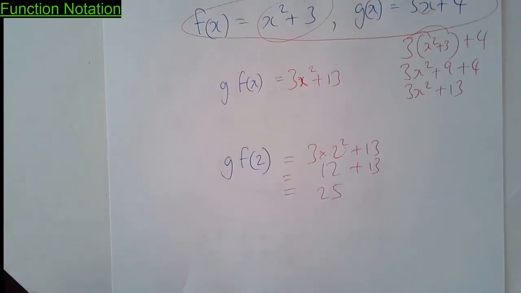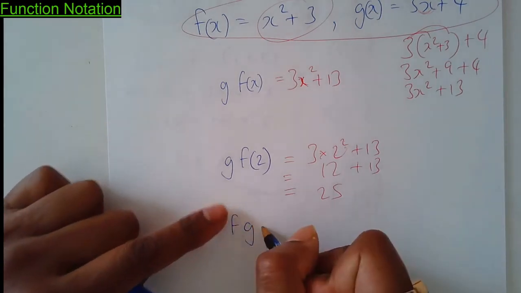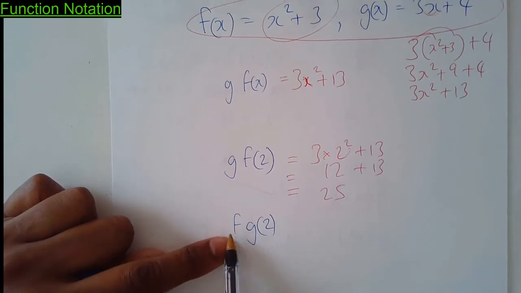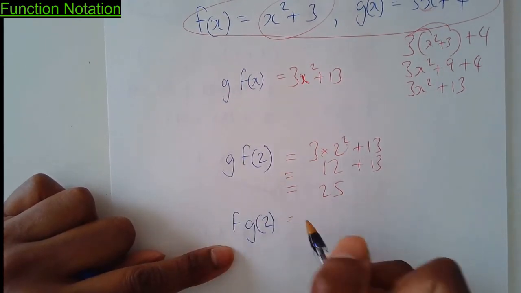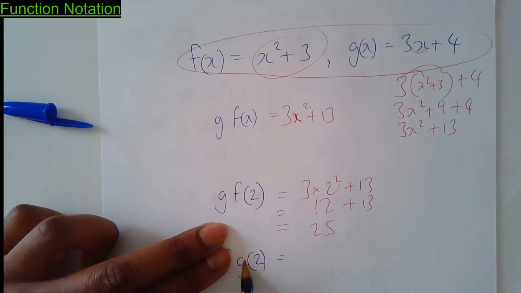Be careful. If they want you to work out fg of x, sorry, this one here, fg of x where x is 2, look, fg is not the same as gf. So what you can do in this case, look at the last function, g, and replace the x with 2.